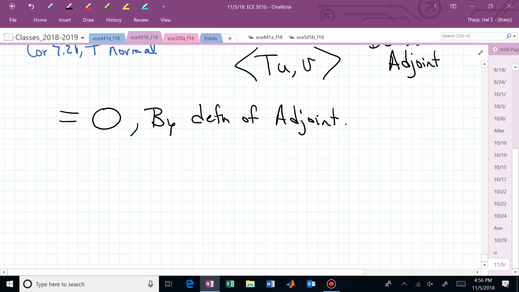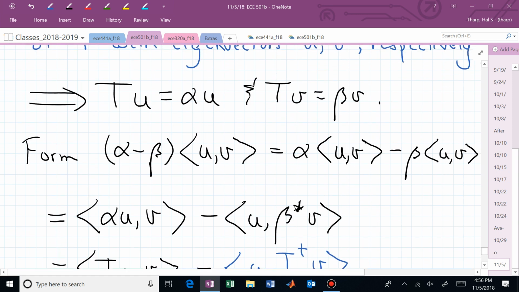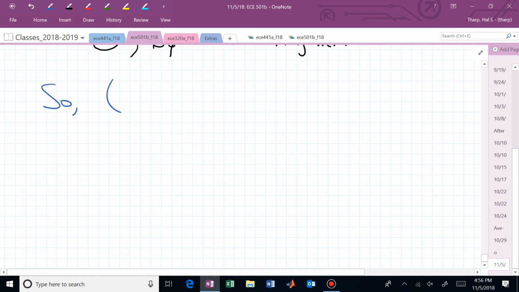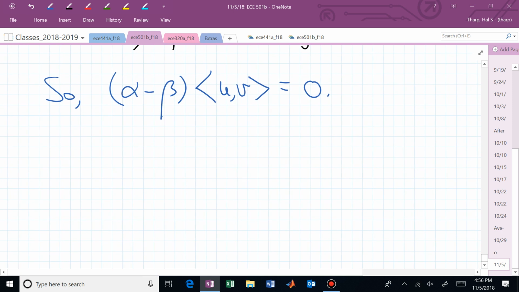Or what have I now concluded? Now I know, whatever I started with, which was this alpha minus beta times, that's a scalar, times this inner product u with v, now I've shown that that expression is 0. But what do I know about alpha and beta?